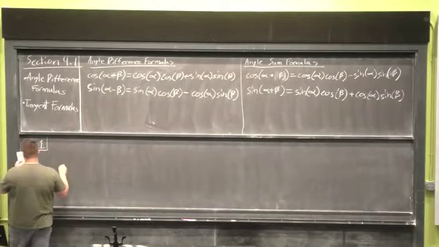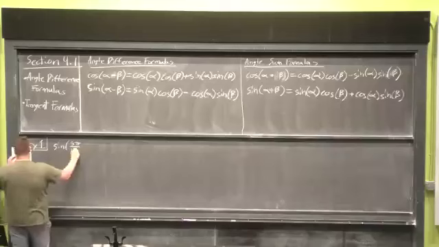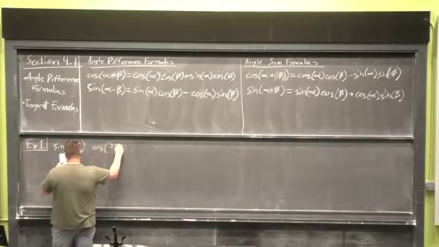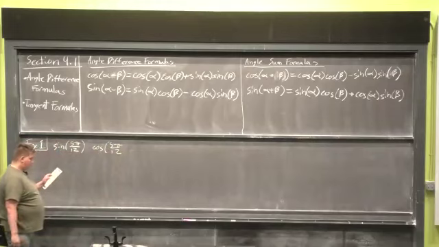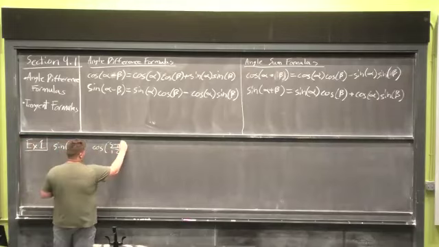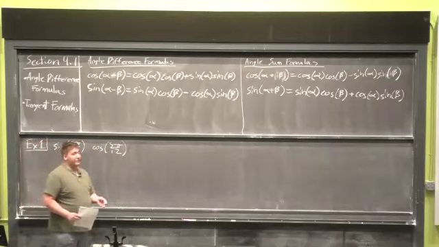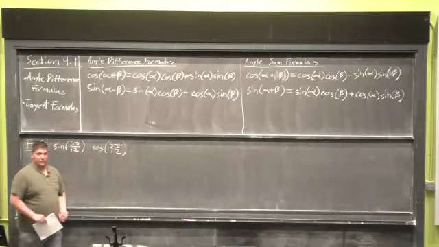So we're going to have sine of 5 pi over 12 and cosine of 5 pi over 12. And using the angle sum and angle difference, we want to find the exact values of these.